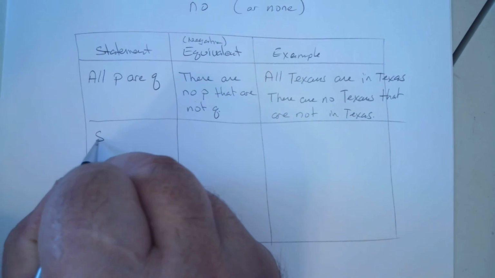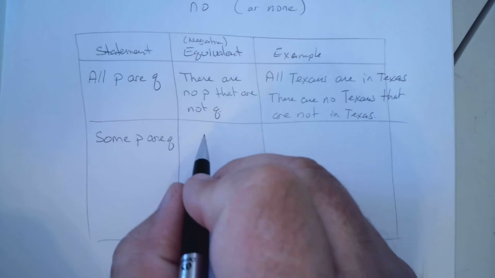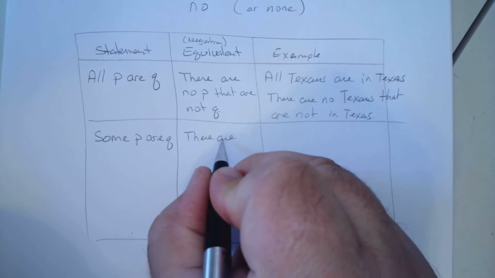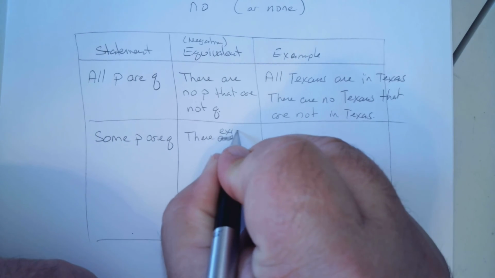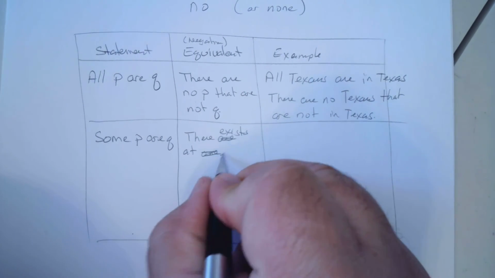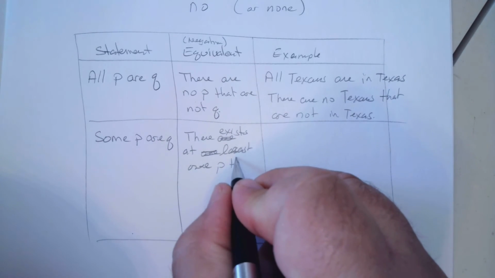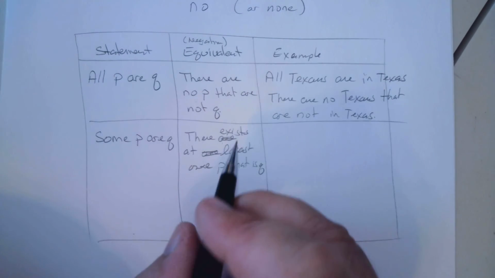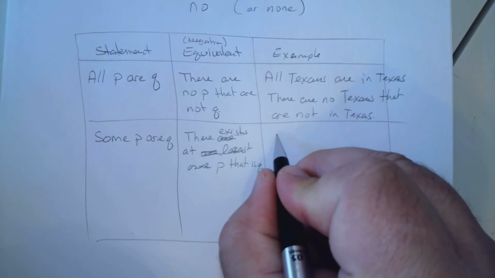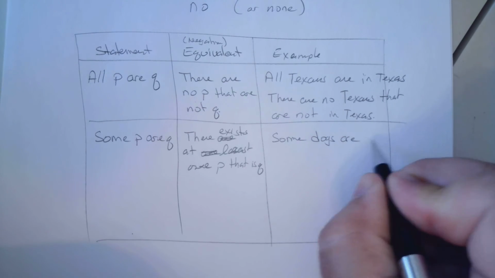Another one. Here's another quantified statement. Some P are Q. The equivalent: there exists, because we're talking about some, there exists at least one P that is Q. For example, some dogs are short.